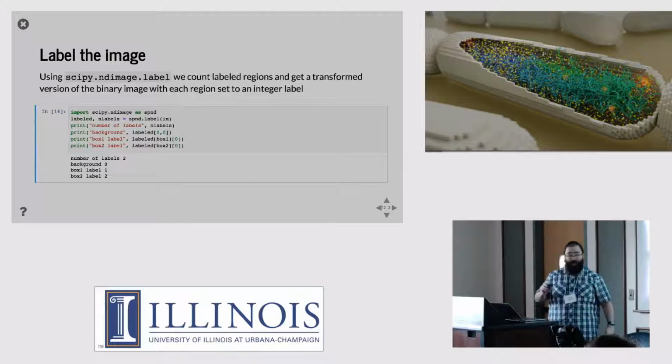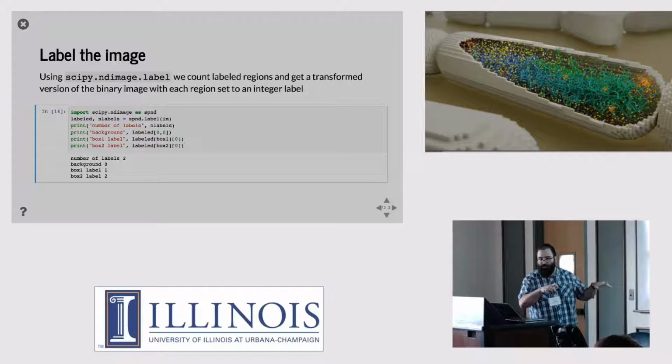If you look at the output here, what I've done is I've called label. That gives me the number of labels, and it gives me an array of the same shape as the binary image, and it's integer valued. Each one of those contiguous regions has a different number. So I'm printing off the number of labels here, and the value of the background. If you remember the image I showed in the upper left corner, that's black.